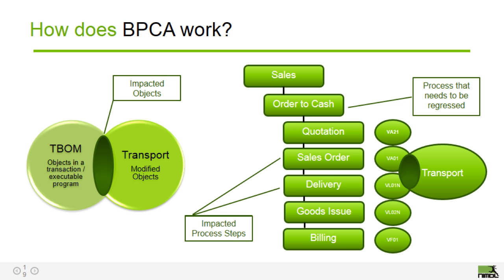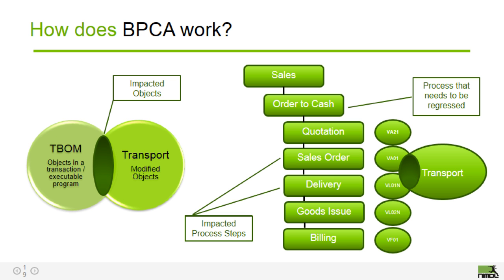You have your transport, which is a collection of all the objects that you have modified. And you have a TBOM, which is a collection of all the objects that go to make a transaction in the program. If you're able to find this intersection between the TBOM and the transport, you know what objects are common between the transport and the TBOM.